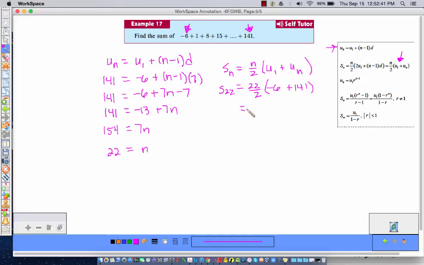That's going to be 11 times 135, and 11 times 135 is equal to 1,485. So the sum of all the terms in this sequence from -6 to 141 is 1,485.